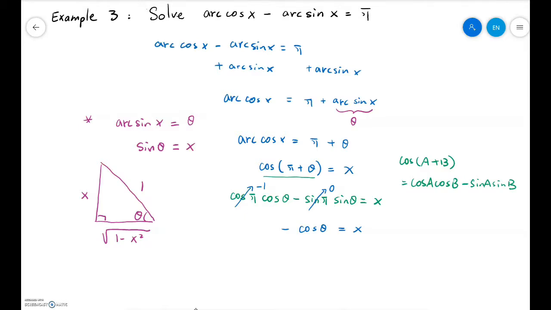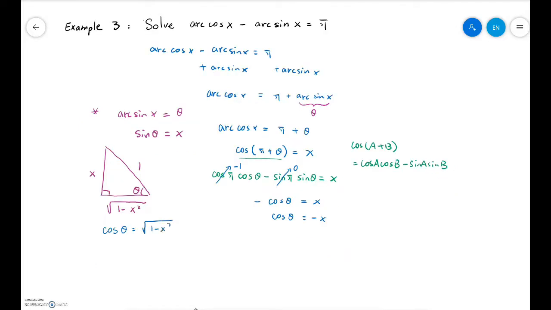So cosine of theta equals -x. Cosine of theta, I can also find through this right triangle: it is the square root of 1 minus x squared over 1. Plugging that in, I have the square root of 1 minus x squared equals -x.